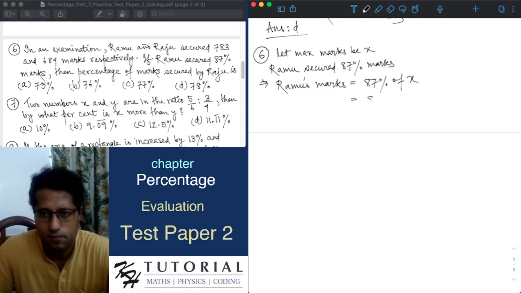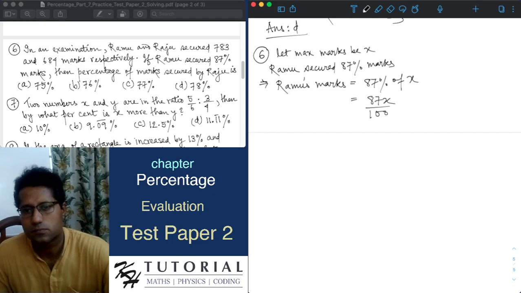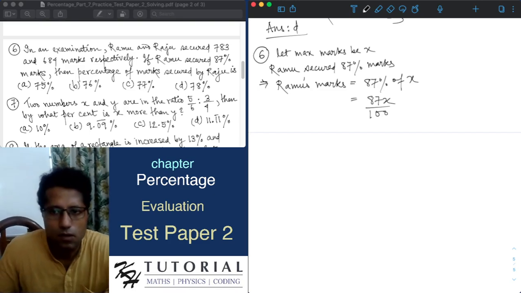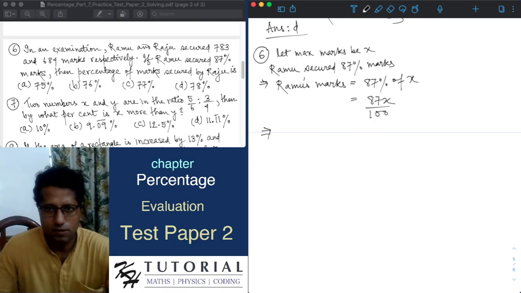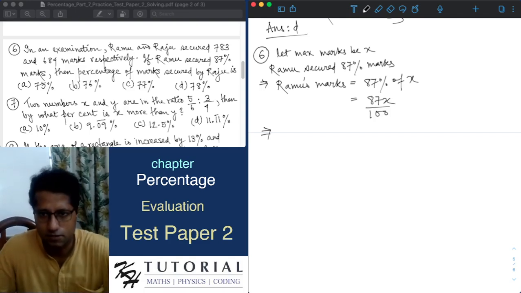This is 87X by 100. So Ramu's marks based on the maximum marks is 87X by 100.